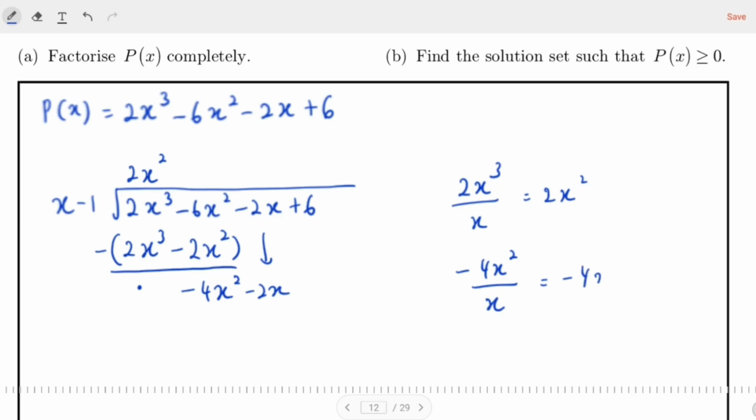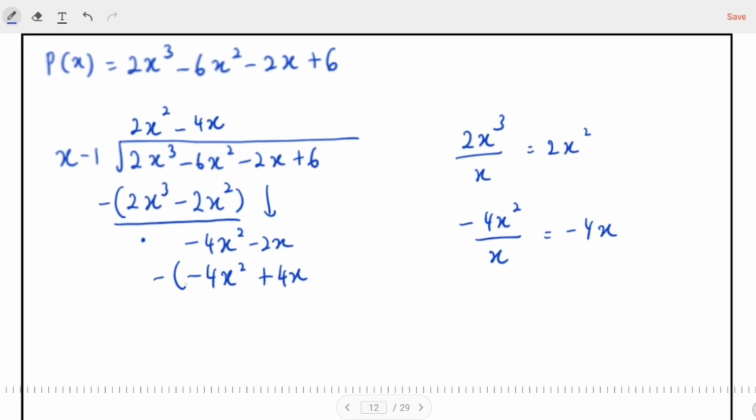It is negative 4x. So negative 4x multiplied with x, negative 4x squared, and negative 4x multiplied with negative 1, it is positive 4x. Subtract.